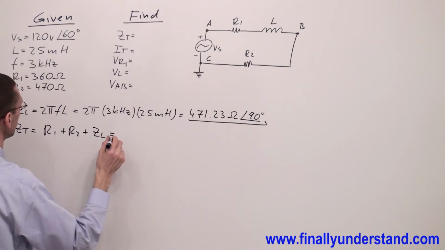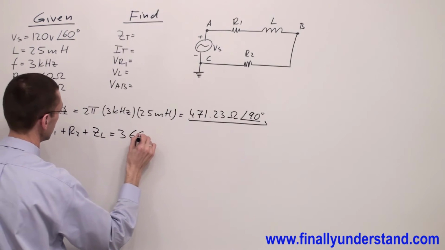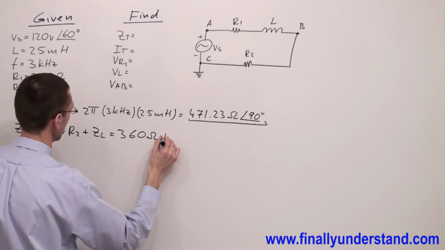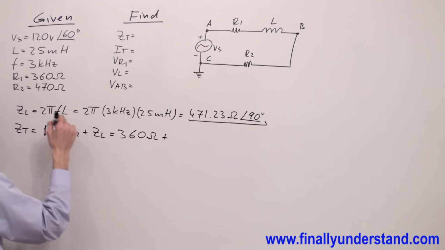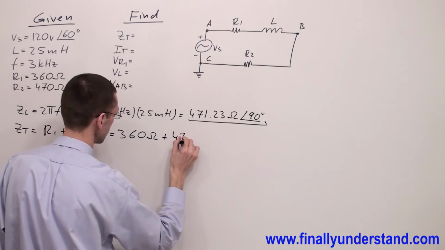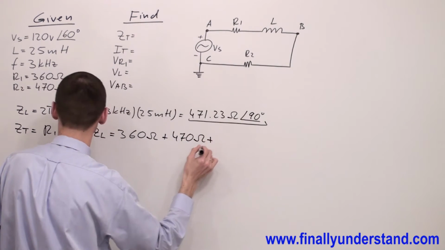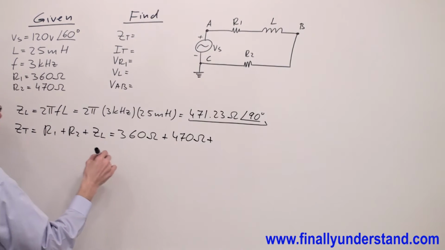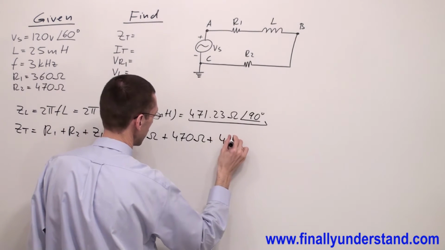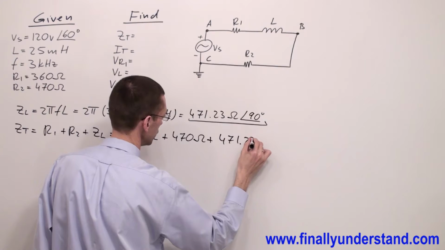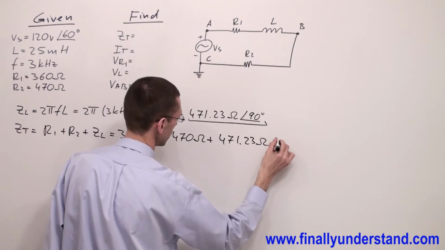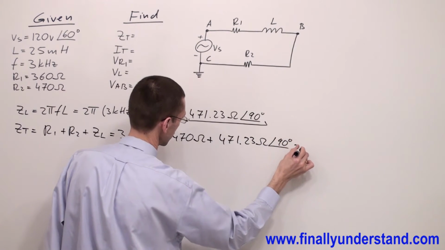R1 is equal to 360 ohms plus R2, which is 470 ohms, plus ZL, which is 471.23 ohms, and angle of 90 degrees.